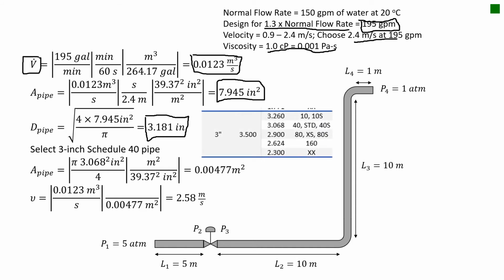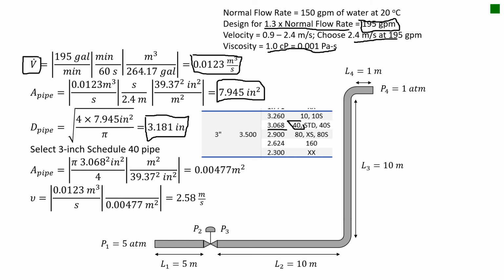Now, these pipelines don't have an infinite number of diameters. So if I look at my 3-inch diameter pipe and look at schedule 40, I'll find that the inside pipe diameter is 3.068 inches. So we'll select that pipeline for our design.